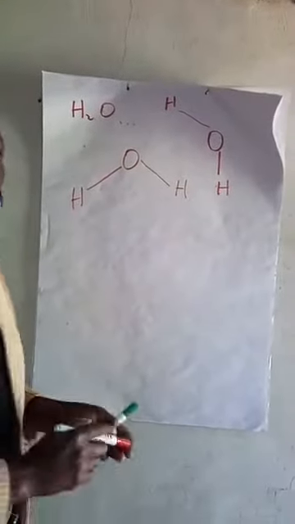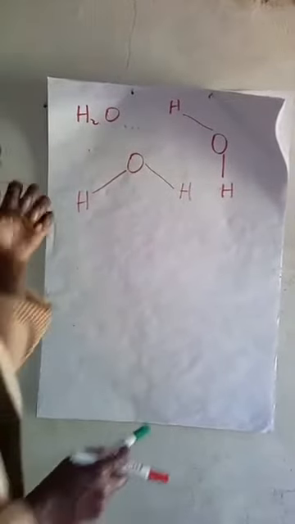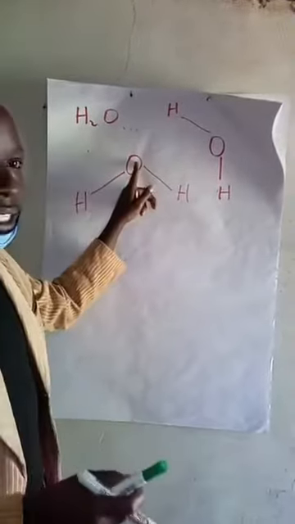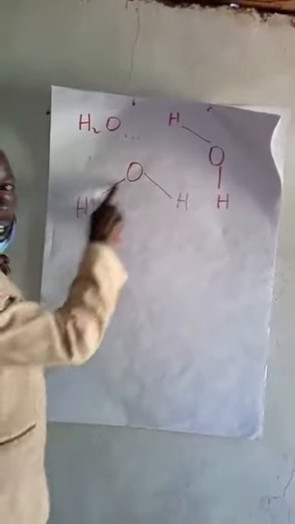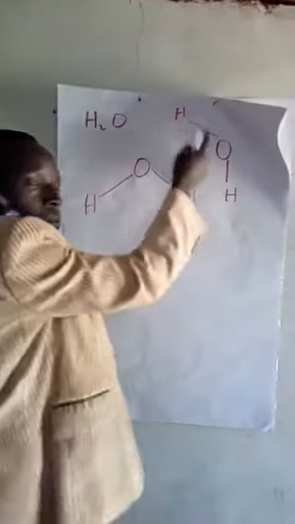Oxygen, as we have said in our previous point to note, is more electronegative. What do we mean by that? When we say oxygen is more electronegative, this is a shared pair of electrons, a shared pair, like that.